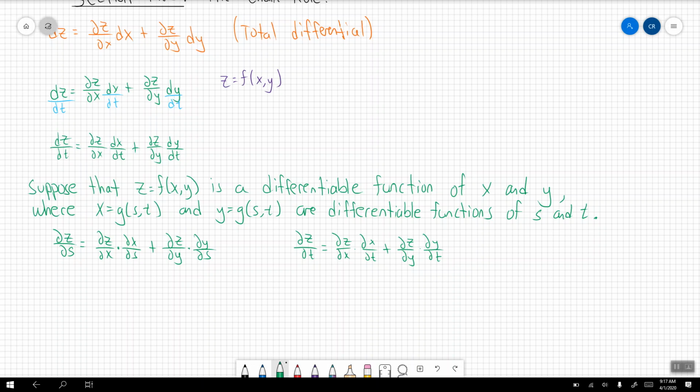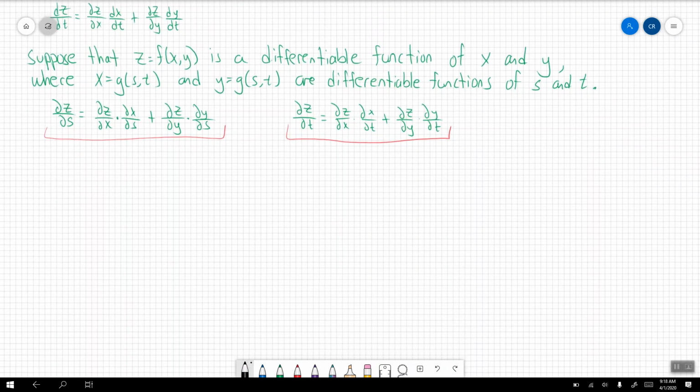When this happens, we can then look at the total differential of that function. And using that total differential, we're going to be applying what is known as the chain rule. So here's where we have this chain rule occurring. All right.